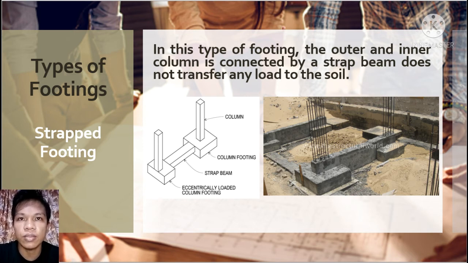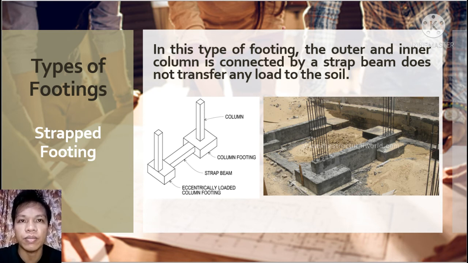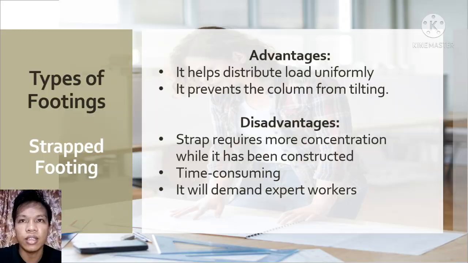This footing is preferred when we have limited space for foundation, so instead of separate footings, they are associated with a solid concrete bar. This connecting bar or beam is called a strap beam. The objective is to have a uniform bearing pressure and to limit differential settlement between sections.